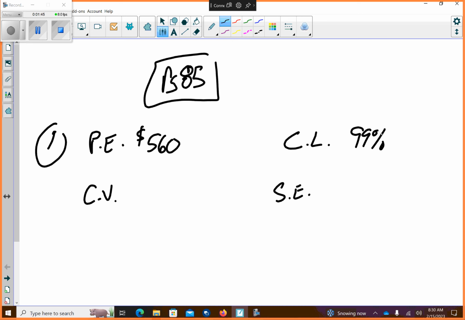Critical value, that's going to go back to, let's see, 2.58 they come up with. Where's our critical value?